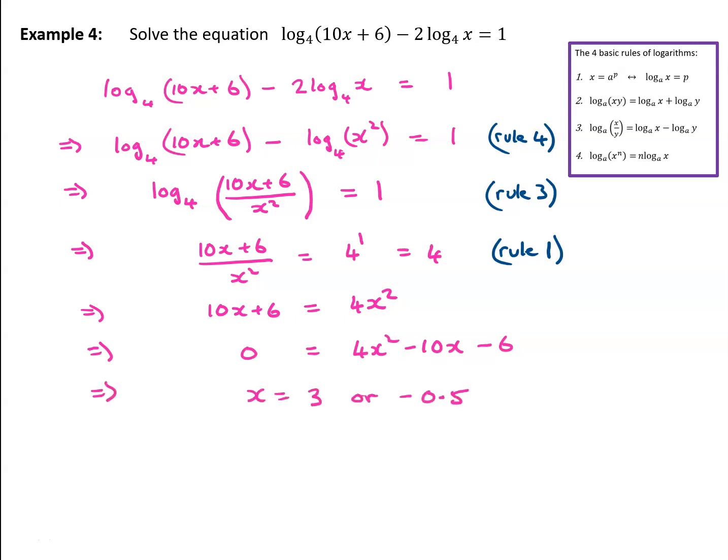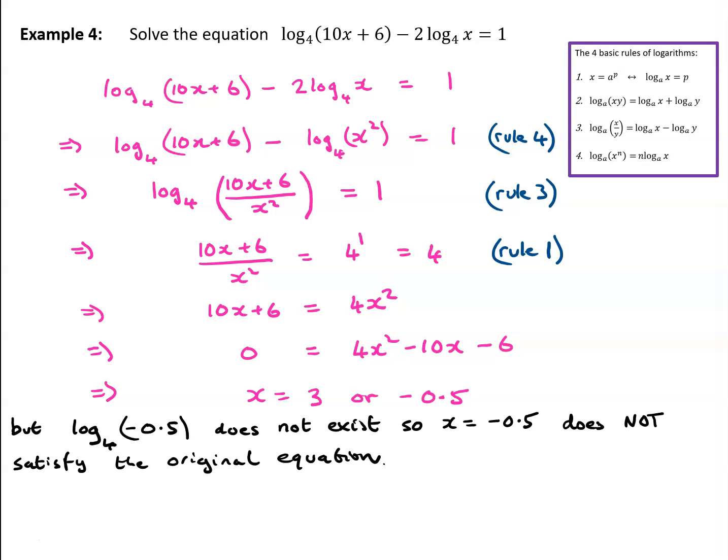Solving the quadratic equation gives me x equals 3, or x equals minus 0.5. Now, if I have x equals minus 0.5, then the logarithm to base 4 of minus 0.5 does not exist. I can't take the logarithm of a negative number. So x equals minus 0.5 does not satisfy the original equation.